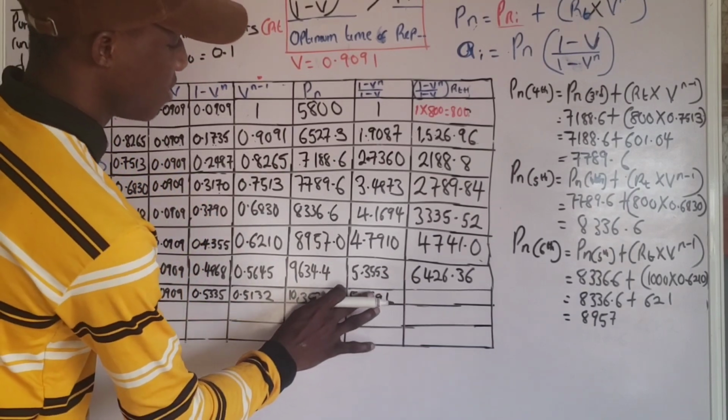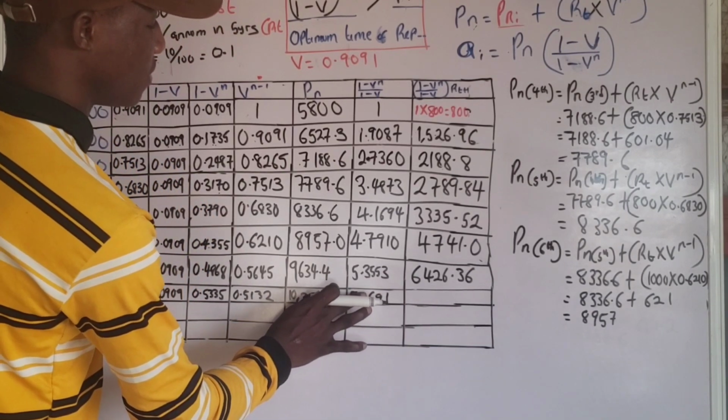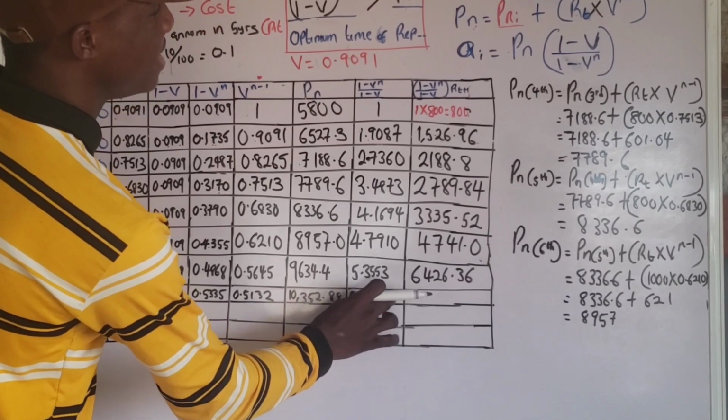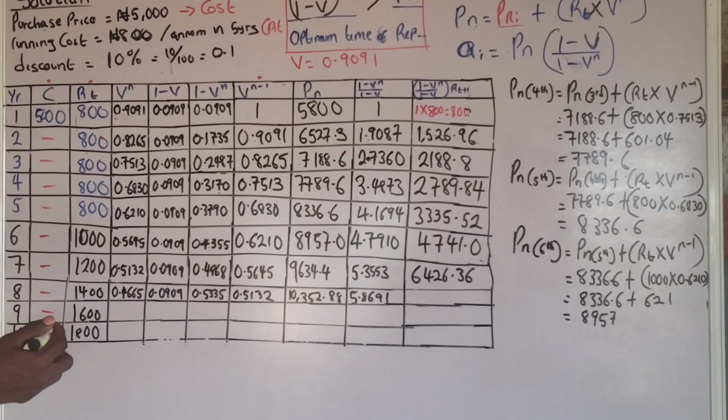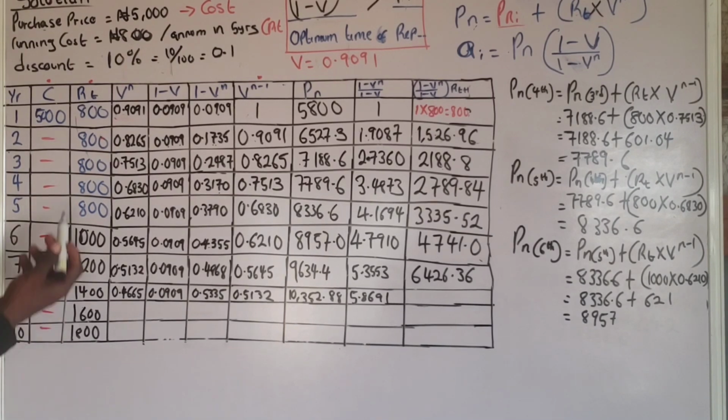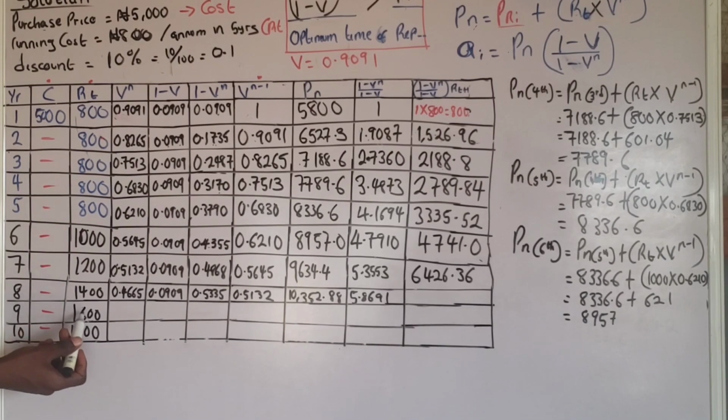You just have to multiply 1 minus v raised to the power of n over 1 minus v, which is this value, by the running cost of the next year. The running cost of the next year is the 1,600, because the year after year 8 is the 9th year.